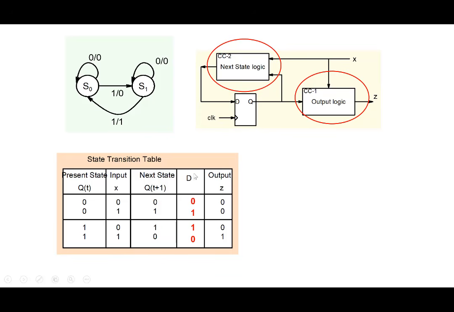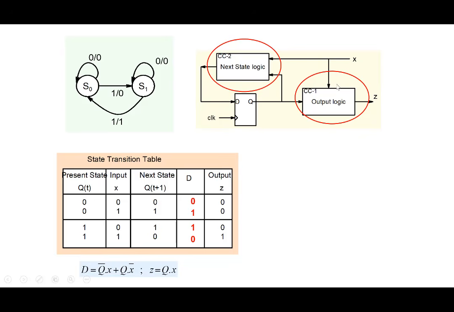So we can write down an equation of D in terms of the present state Q and the input X. D is 1 when we have Q bar X, and D is 1 when we have Q times X bar.